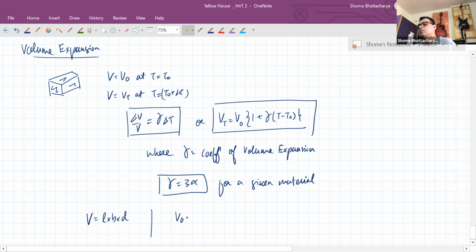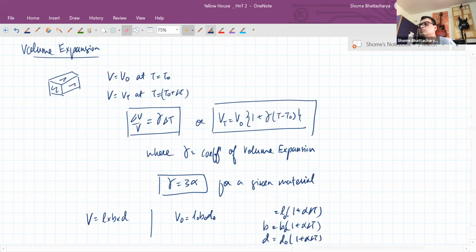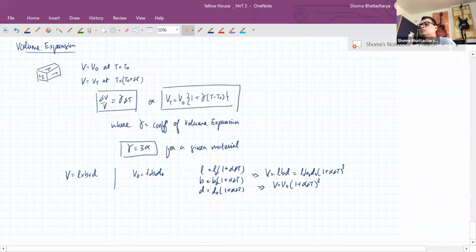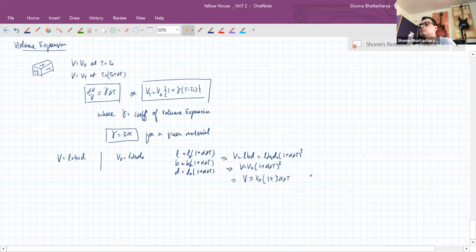Okay, so that same concept. So gamma becomes 3 times alpha.